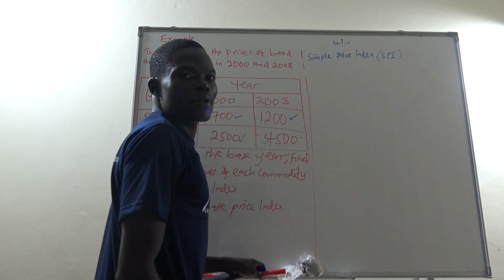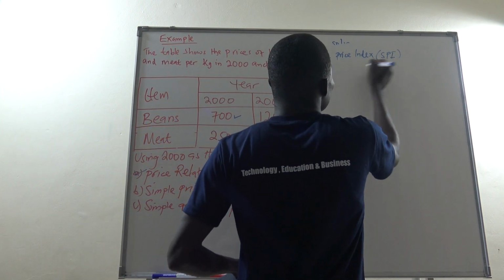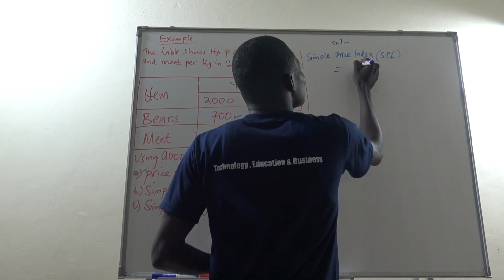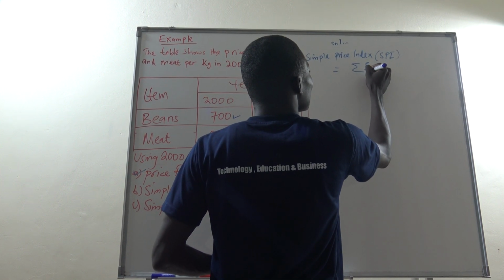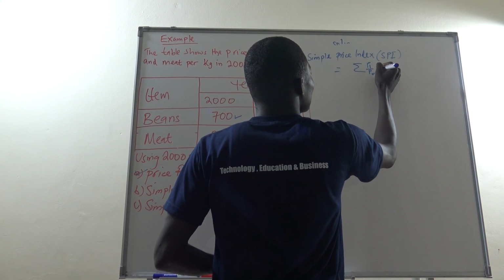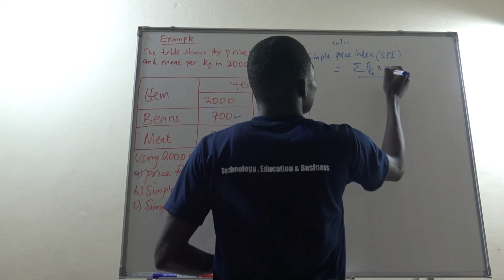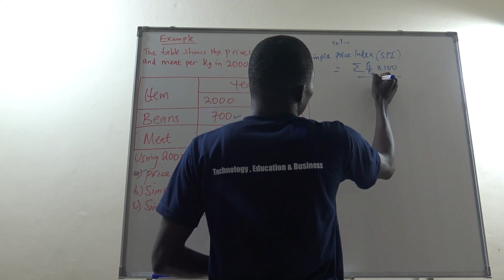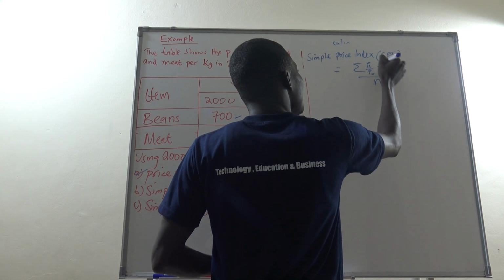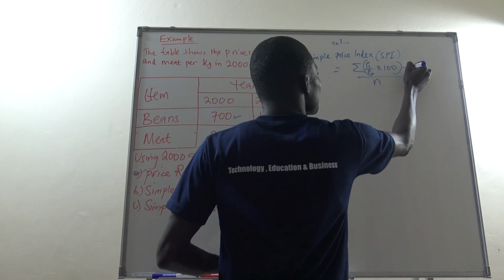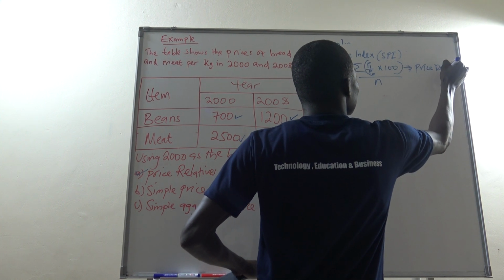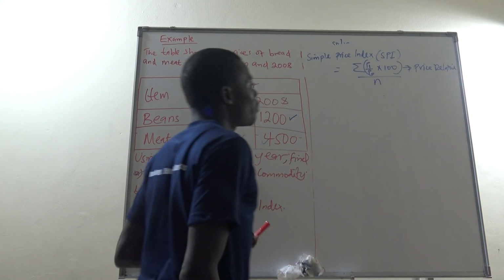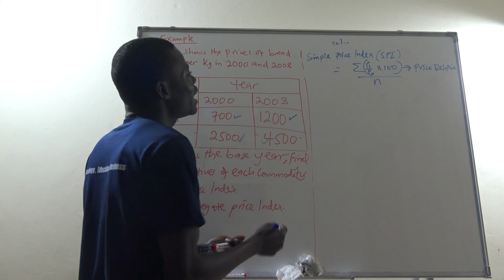We know that simple price index is given by summation of P1 out of P0 times 100 divided by N. But the whole of this is the same as our price relative or price index.